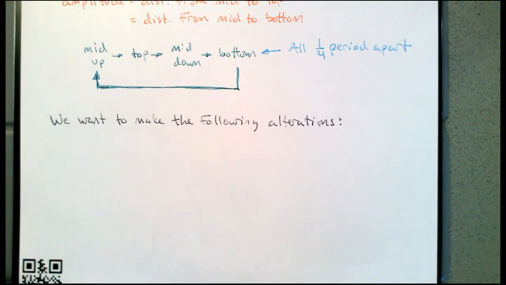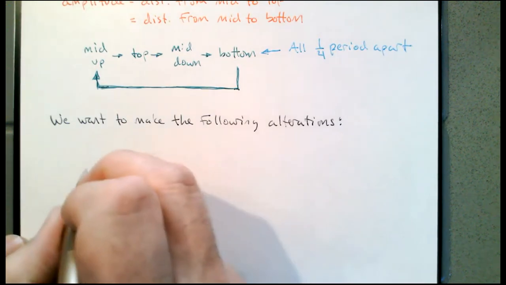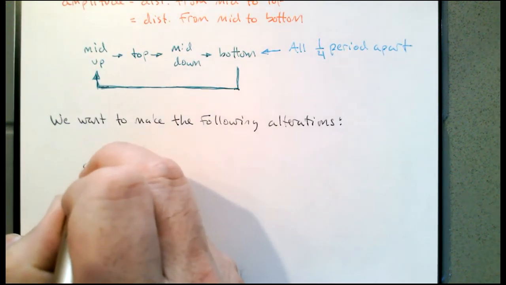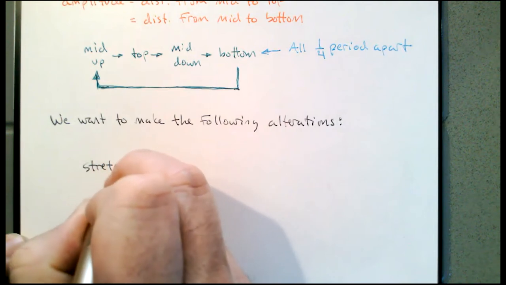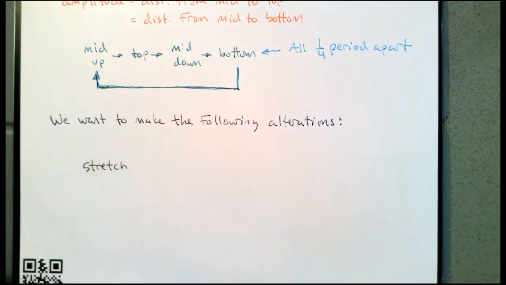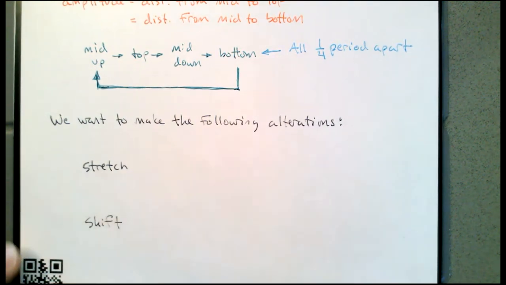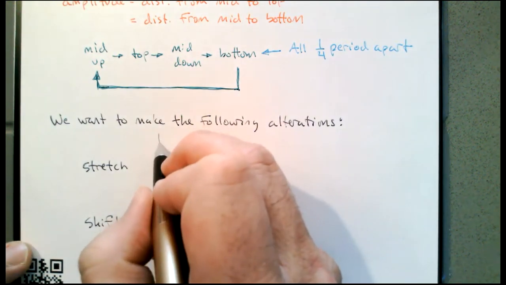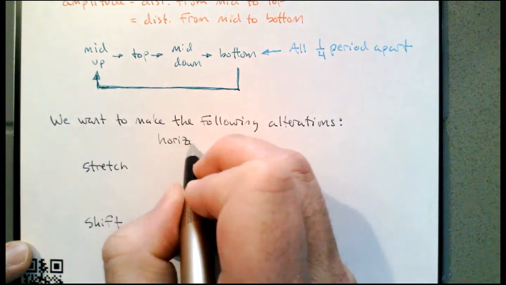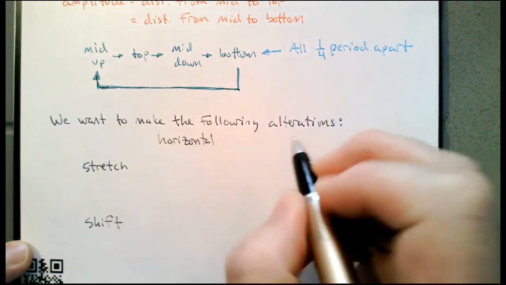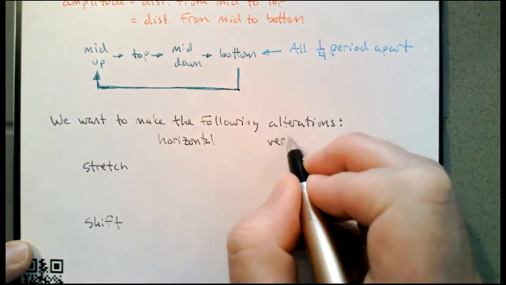We want to stretch or squish. Or we want to shift. We're going to want to do this horizontally and we're going to want to do this vertically.